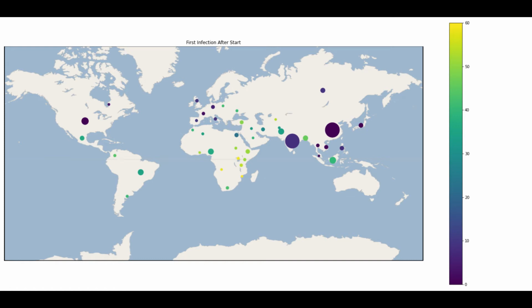So how does it work? Of course, it started in China. And from China, as you can see, it spilled over relatively quickly to neighboring countries like Thailand and Japan, also Russia and India, and Western Europe and North America.